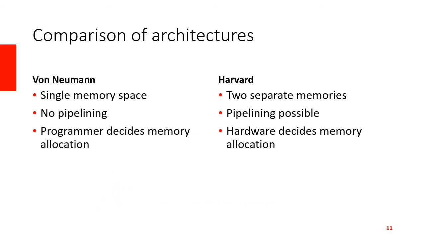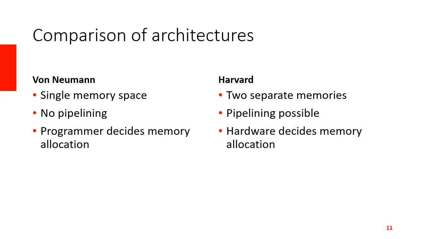So let's slightly compare these two architectures. When you have von Neumann architecture, you have one single memory space. Compared to that, in Harvard architecture you have two separate memories. There are advantages and disadvantages of having a single memory space and two separate memories.